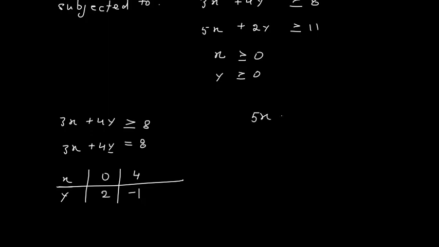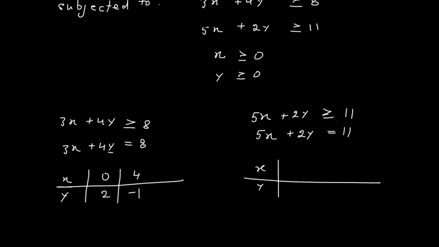5x plus 2y is greater than or equal to 11. So I will consider the equation 5x plus 2y equal to 11. Now we check two solutions.